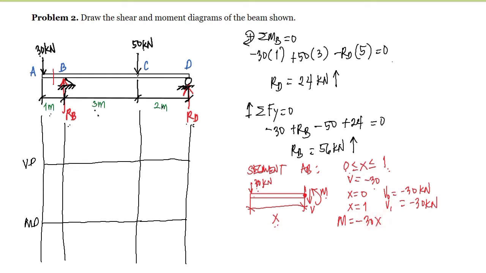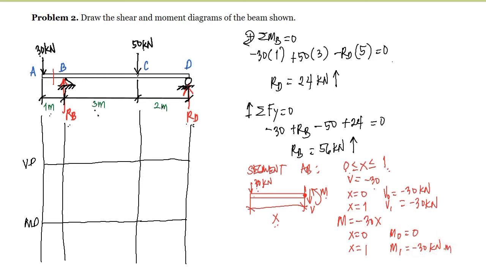Now what we do here is to substitute the value of x is equal to 0 and x is equal to 1 as our lower and the upper limit. So at x is equal to 0, the moment at 0 is equal to 0, and at x is equal to 1, the moment at 1 is equal to negative 30 kilonewton meter.